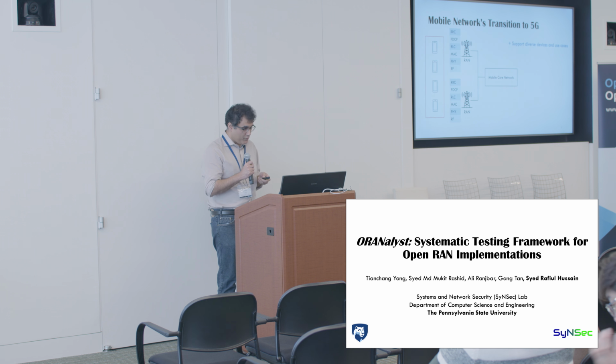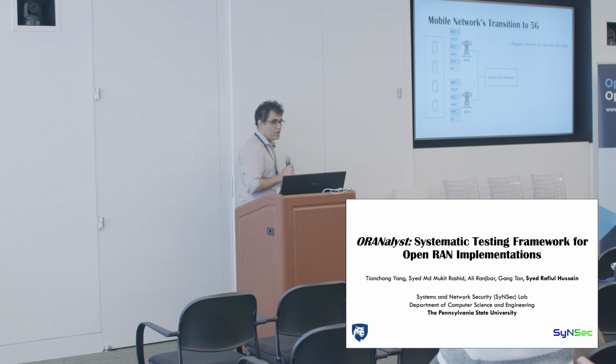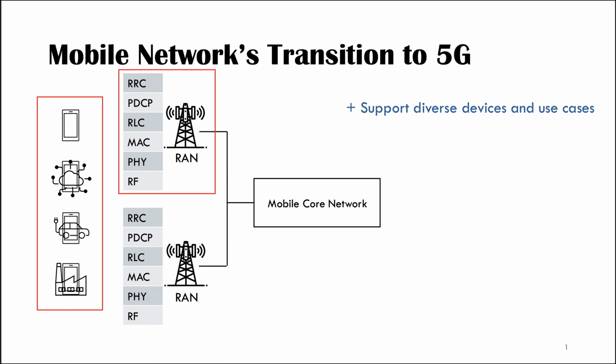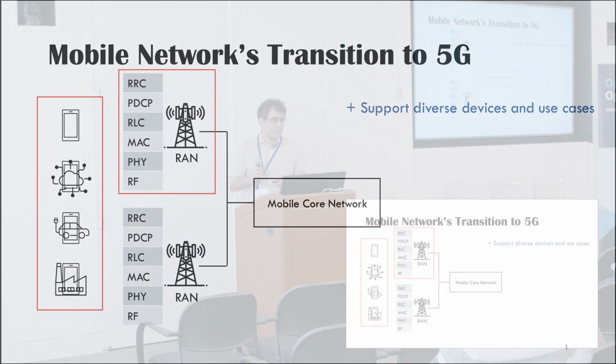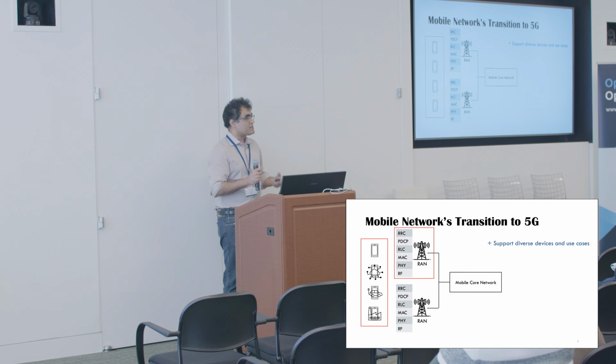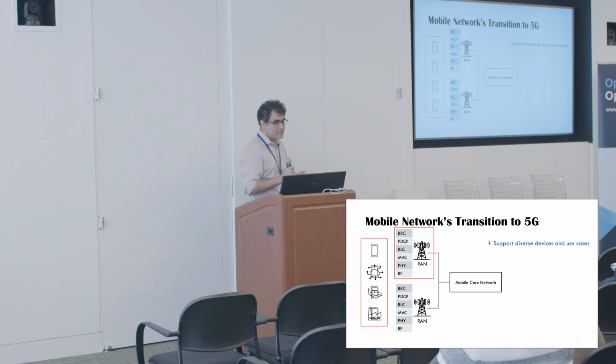I know that all of us are already very familiar with Open RAN systems, but just a quick recap: when the mobile networks are transitioning to 5G networks, there are a diverse set of new applications and services such as Internet of Things, autonomous vehicles, and smart factories.